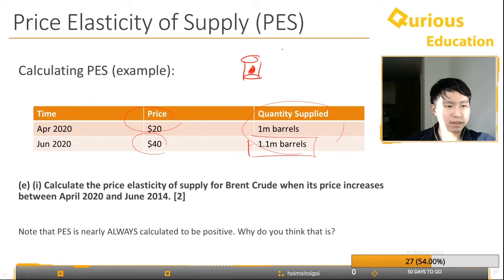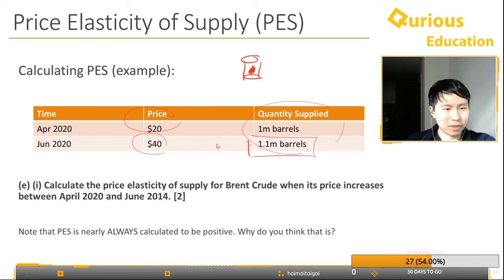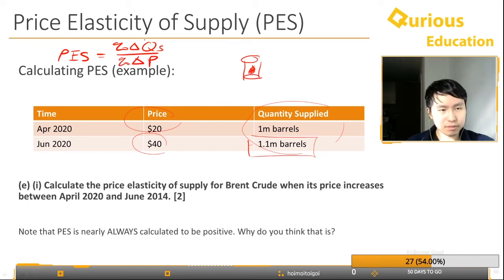So in order to do that, we will do this. So actually, let's just use this slide. To start, we need to calculate the percentage change for the price and the percentage change for the quantity supplied. So if we use the formula, PES equals percentage change in quantity supplied over the percentage change in price, right?